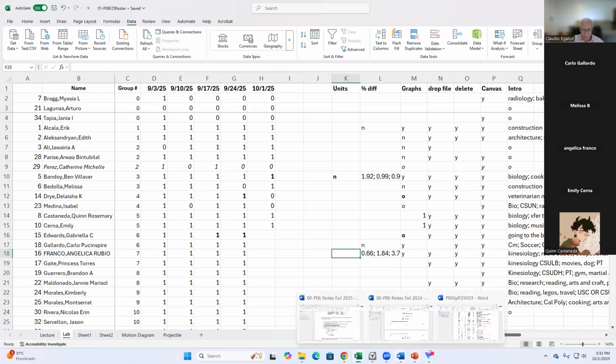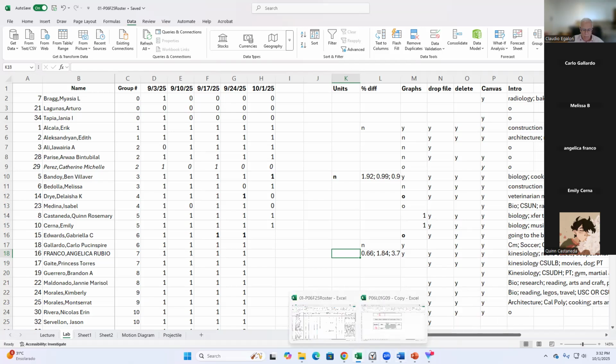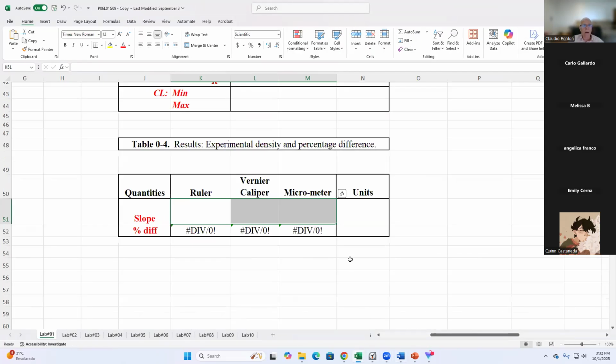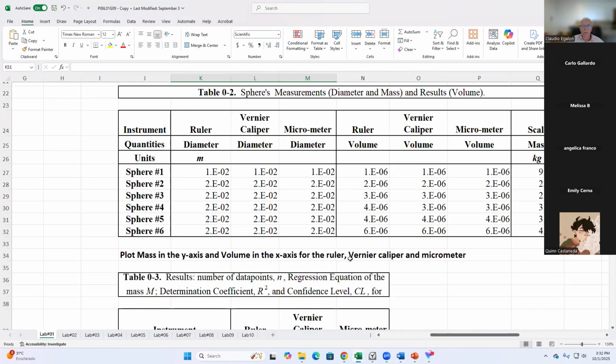Let's take a look here. The slope is what? The rise over the run, right? Yes, the rise over the run. What's the unit of the rise? What's the unit in the vertical direction? I'm giving you a hint here.